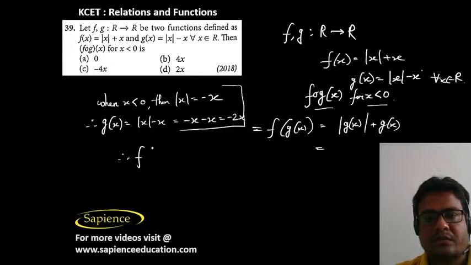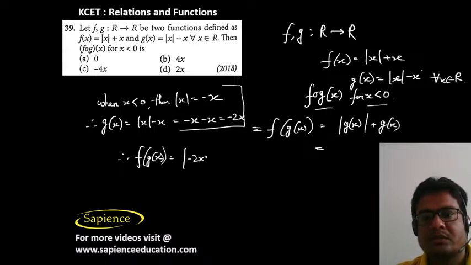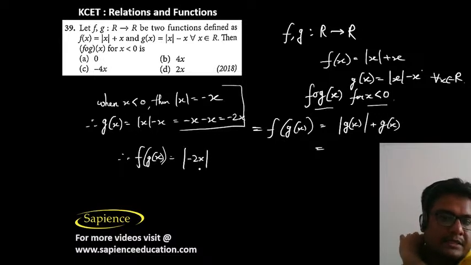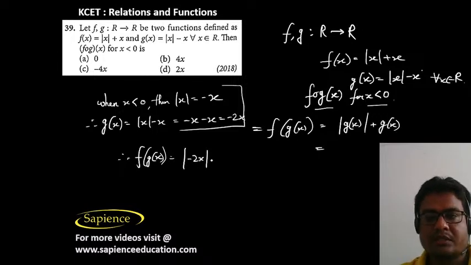So therefore f of g of x is equal to mod of g of x, mod of minus 2x. Where x is negative, minus 2x will be positive, then plus g of x, which is minus 2x.